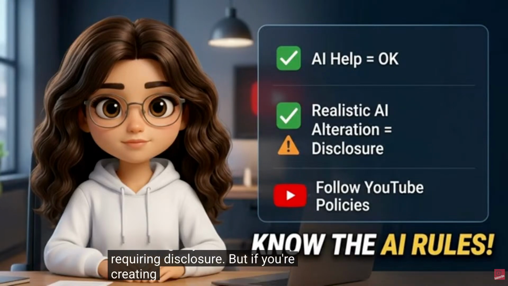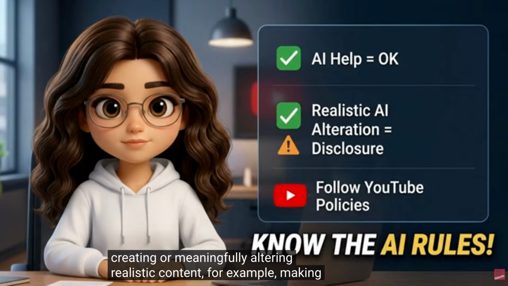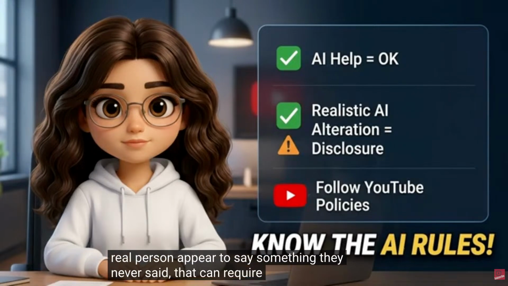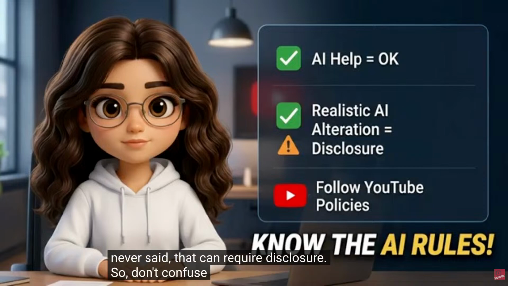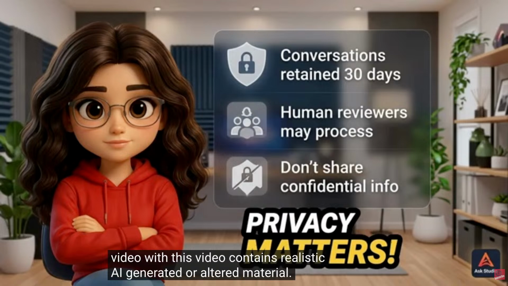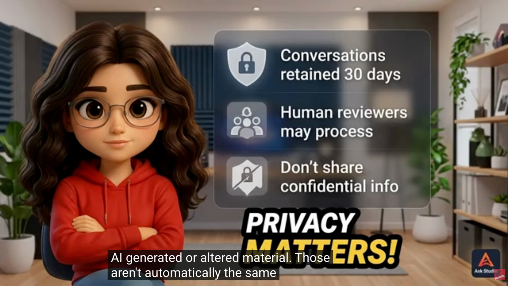But if you're creating or meaningfully altering realistic content, for example, making a real person appear to say something they never said, that can require disclosure. So don't confuse AI helped me make this video with this video contains realistic AI-generated or altered material. Those aren't automatically the same thing.